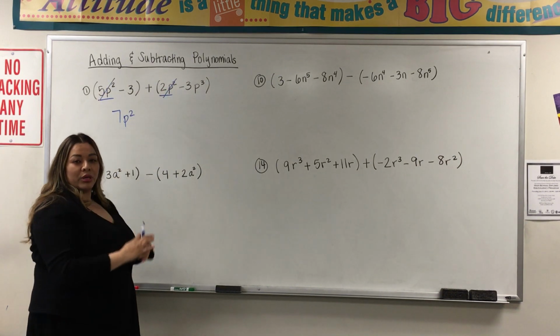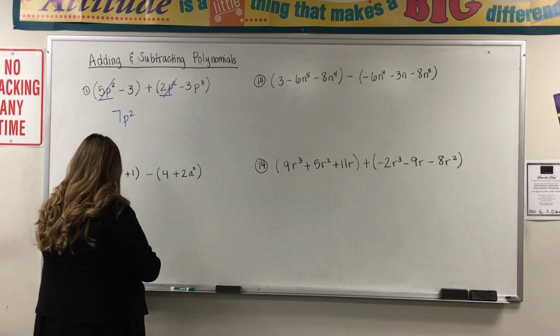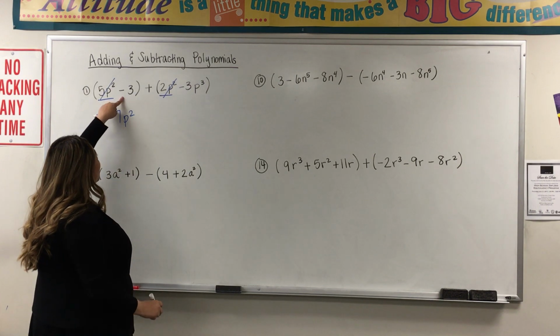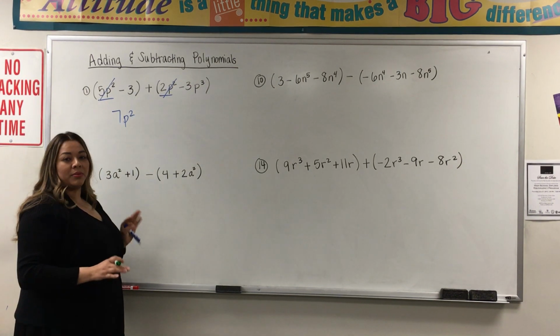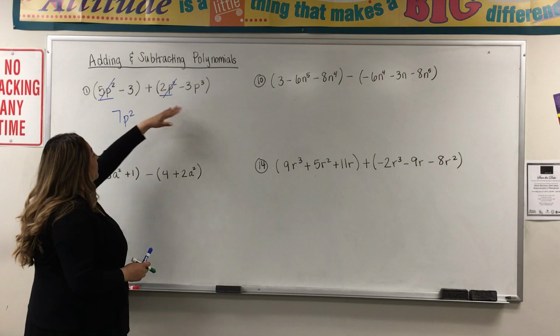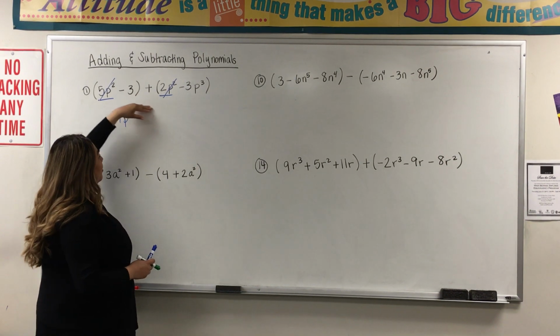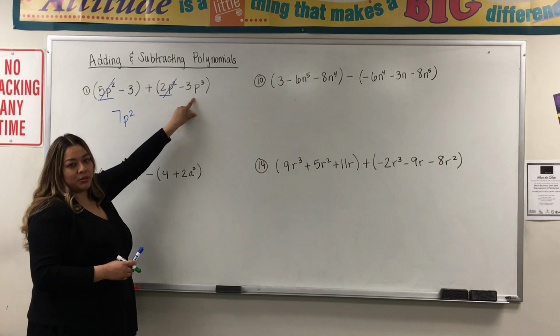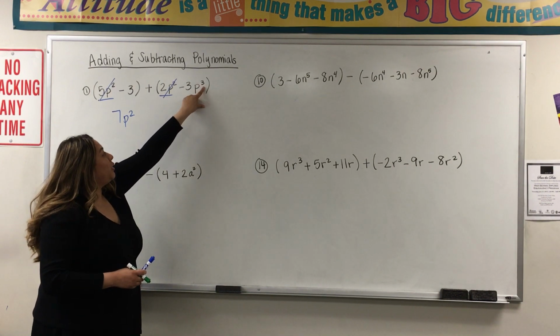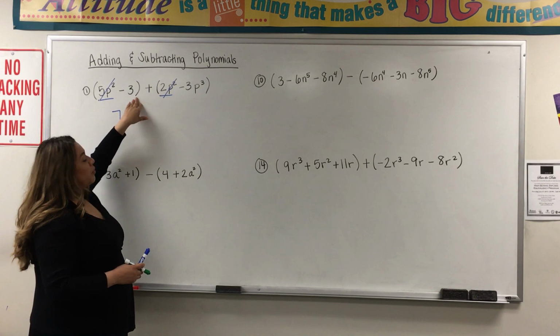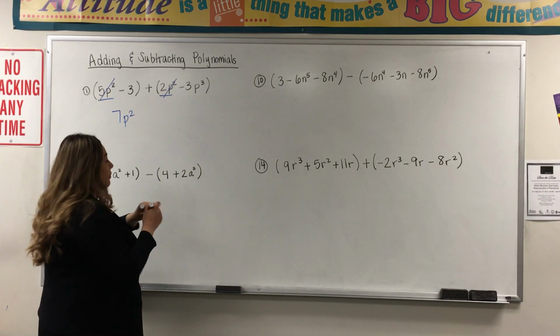Like that, we know we already used them. So we go on to the next one. The next number that we have is -3. It's just a number by itself without a letter. So we can't combine; we have to see if we have another number by itself without a letter over here. As you see, we only have this one left right here, which is the p cubed. This one doesn't have a p cubed, so I'm just going to drop it down.